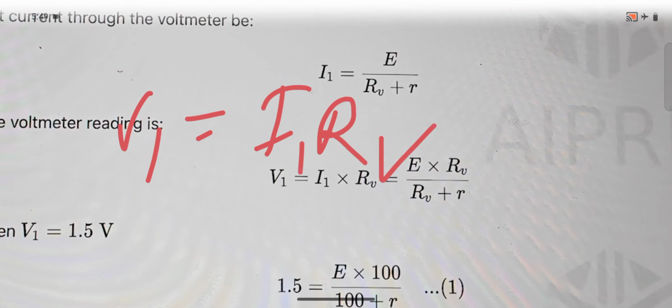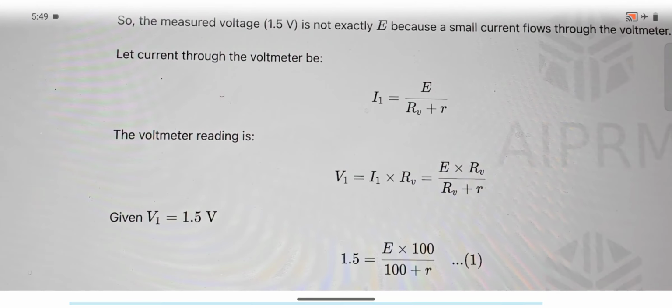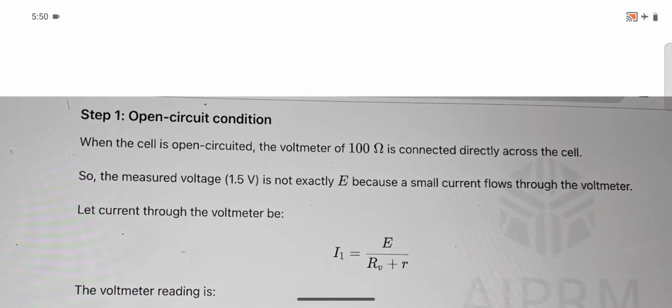Now I1 we already calculated, we will put in the value and get the voltmeter reading. V1 is given, the voltmeter reading across the resistance, but it is given for open circuit, which is why a small current flows through the voltmeter.